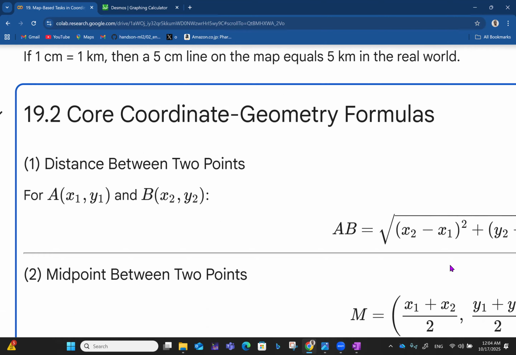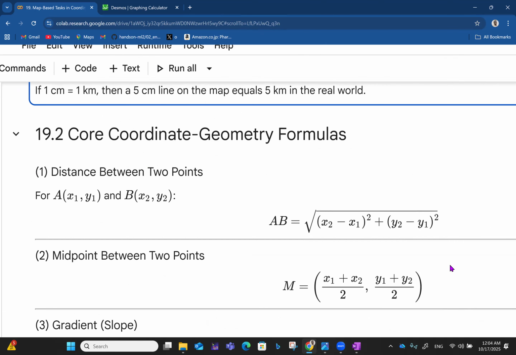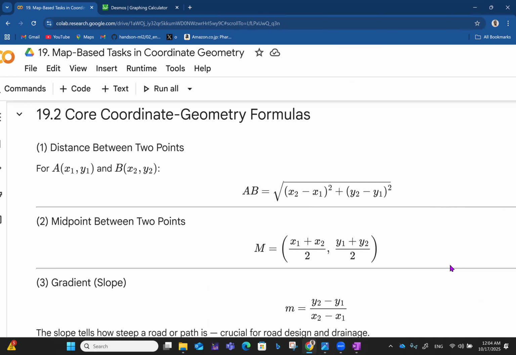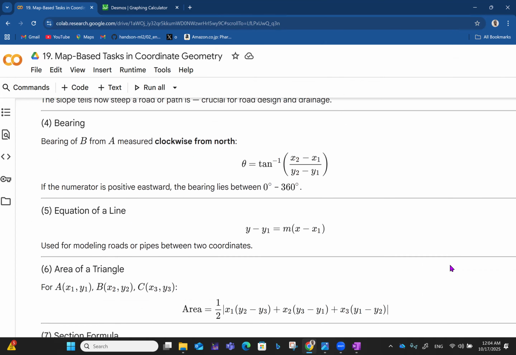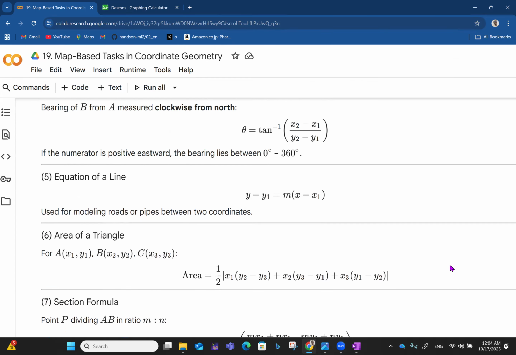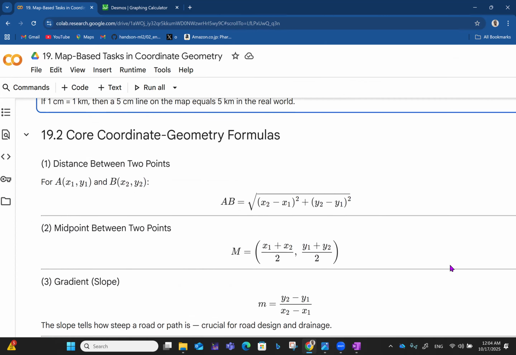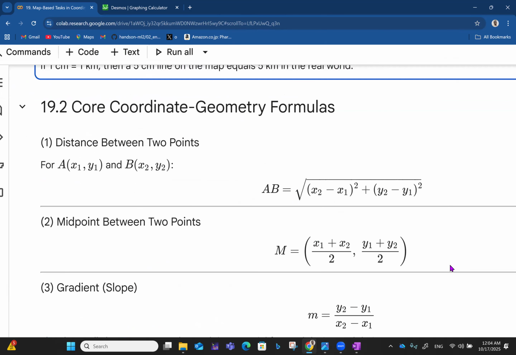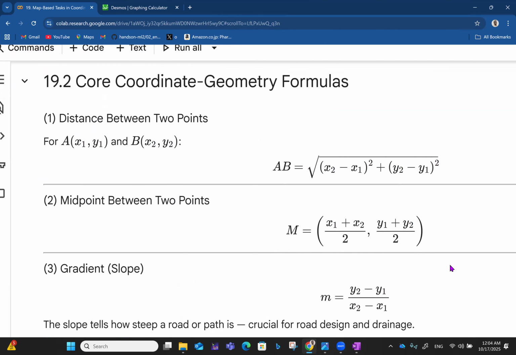Now 19.2, we talk about core coordinate geometry formulas. We've been interacting with these kinds of formulas since the beginning of this playlist. First of all, we need to talk about the distance between 2 points. For A(x1, y1) and B(x2, y2), the distance AB is simply the square root of (x2 minus x1) squared plus (y2 minus y1) squared.